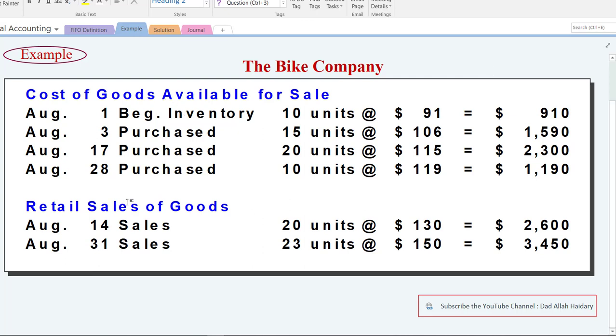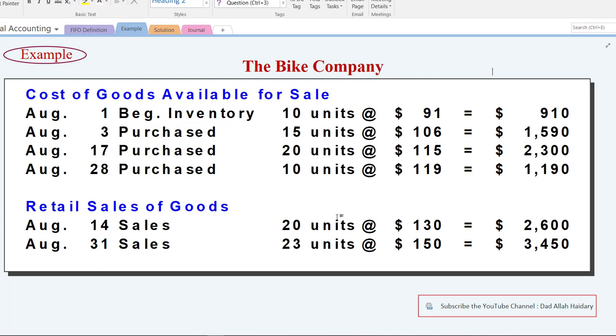In the second column, you can see the retail sales of goods. It means this is the total number of sales. The first sale of the business is on August 14. On August 14, the business sold a total of 20 units at the price of 130.